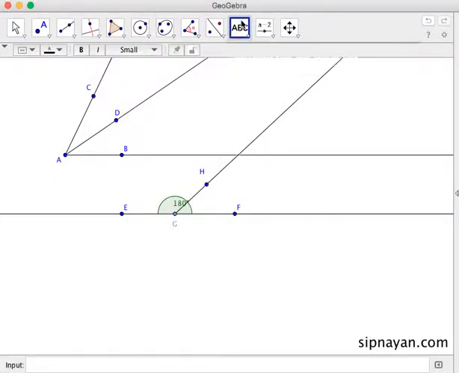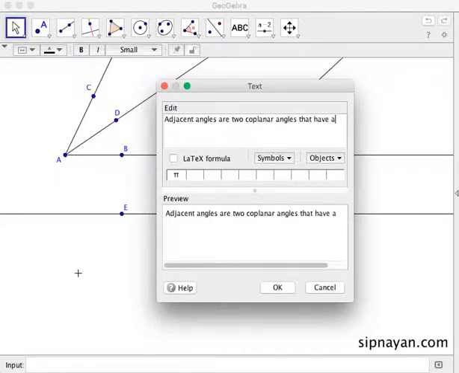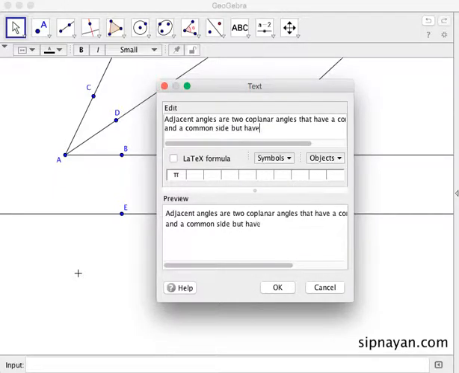So, pwede na natin i-define. So, adjacent angles are two coplanar angles that have a common vertex and a common side but have no interior points in common.